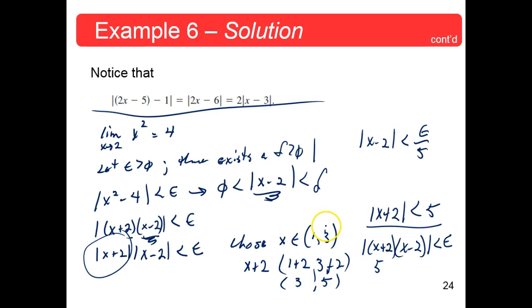We did the 3. If we did the lesser one here, you wind up with epsilon equal to 1. So you're going to be the lesser of epsilon over 5, or 1. Okay? And then you're guaranteed that you're going to be within those limits.